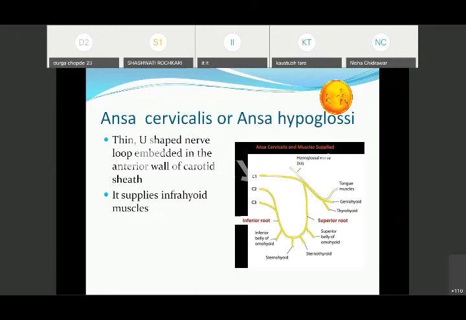We have just seen what the infrahyoid muscles are, the four main muscles. It supplies the infrahyoid muscles.